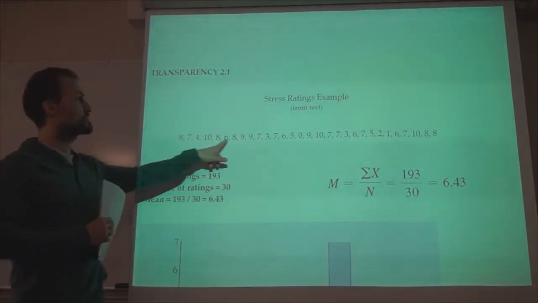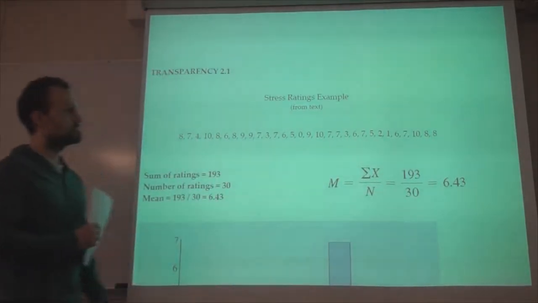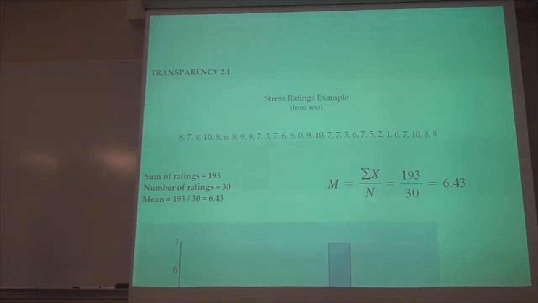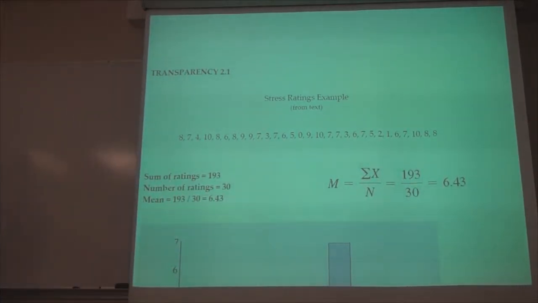If I add up all these numbers, a little tedious, but I'll get 193. If I count how many there are, we'll represent that by an n, 30 of them in this case. So we take the average by adding them up, getting 193, and dividing by 30.